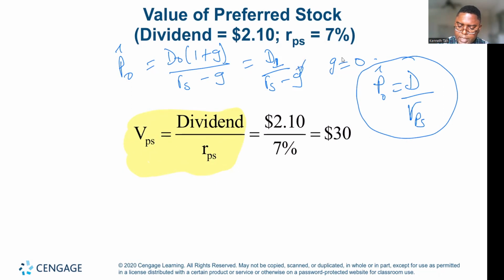So if we are given an example for which the dividend is $2.1 and the required rate of return of preferred stock is 7%, and we are asked to value the stock, the value of this preferred stock will basically just be 30.